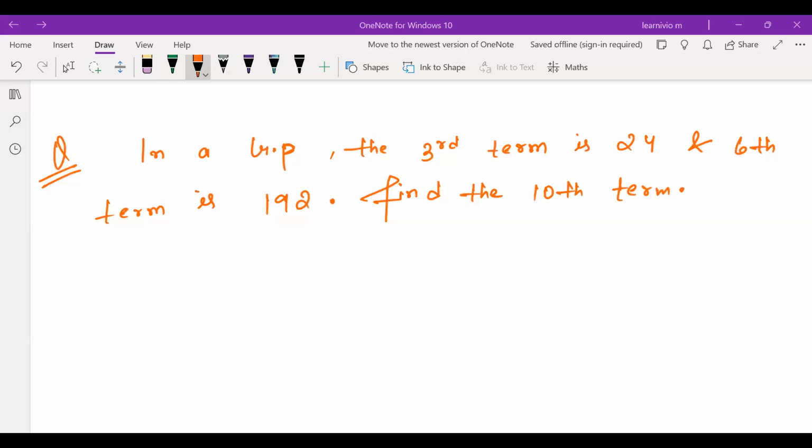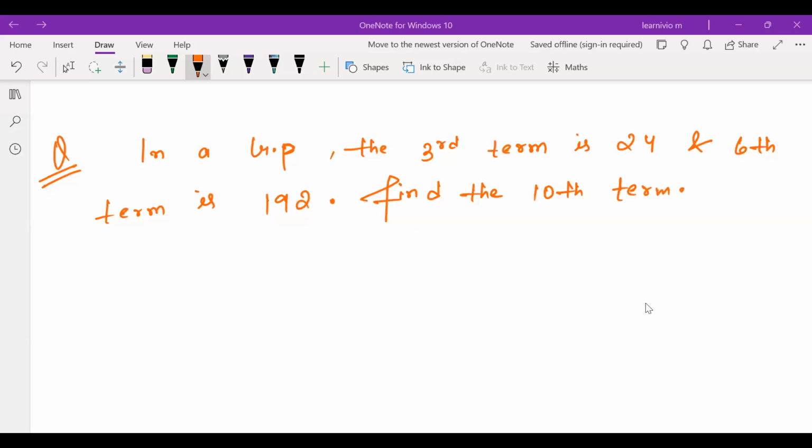In a GP, the third term is given as 24. The sixth term is given as 192, and we are supposed to find the 10th term. We are solving it like the AP question, the way we used to do. Let's write the formula for the third term. Third term a3, the formula will be ar to the power n minus 1, that means 3 minus 1.